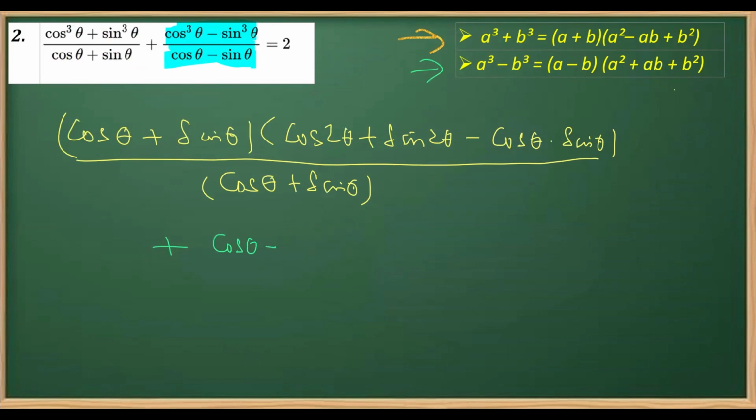That multiplied by cos square theta plus sin square theta. And this time we have positive, it's not 2, right? It's cos theta into sin theta. That whole divided by cos theta minus sin theta.